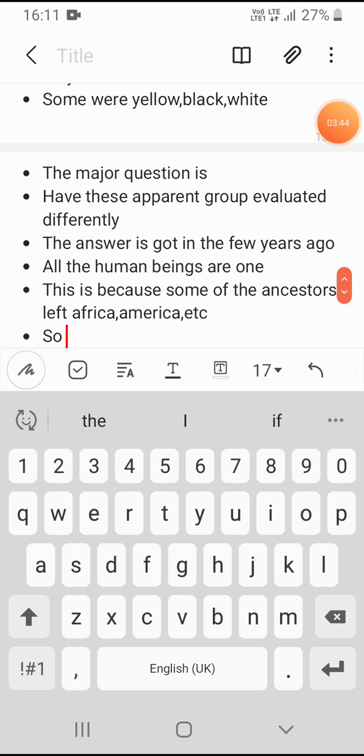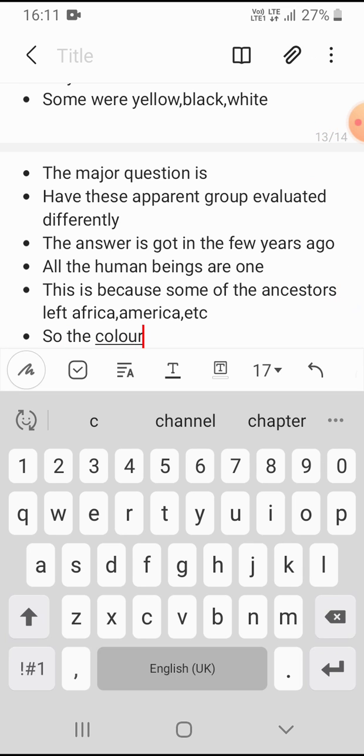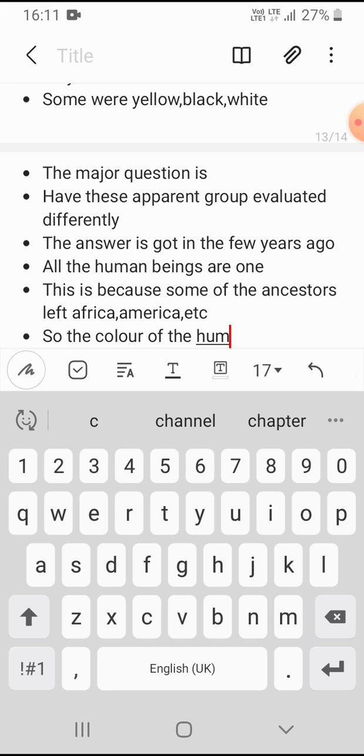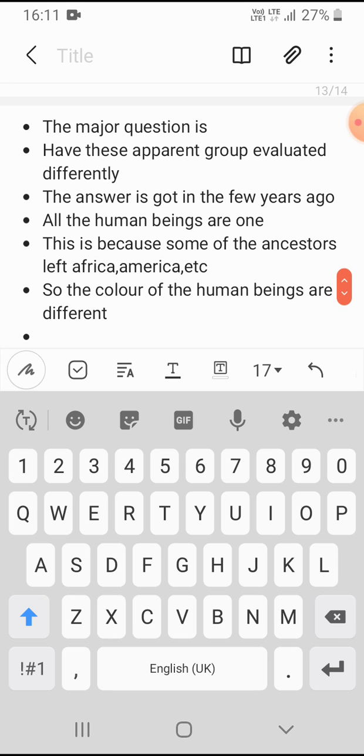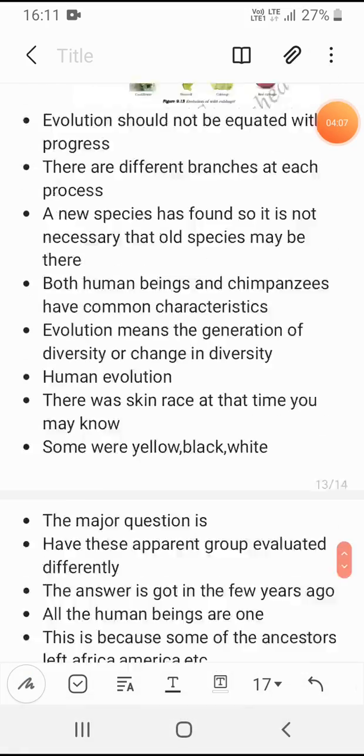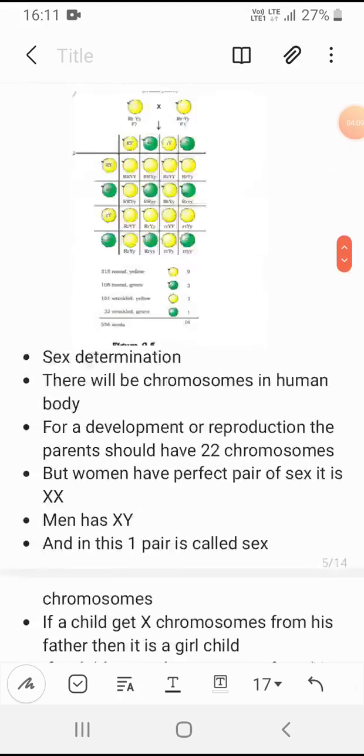So the color of human beings became different. You can see some are black, some are white. This is because their ancestors may be from some other place, or it may be their color. We can't say it like that.